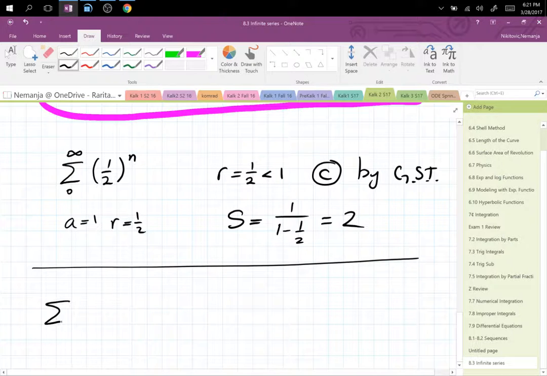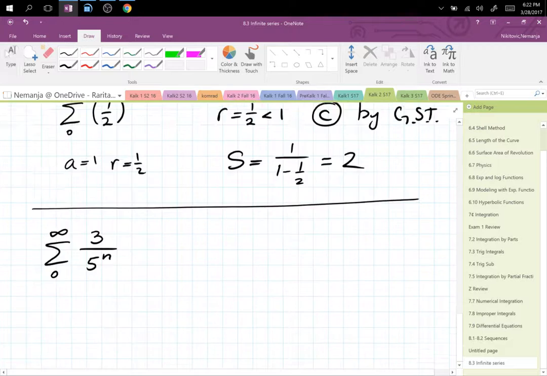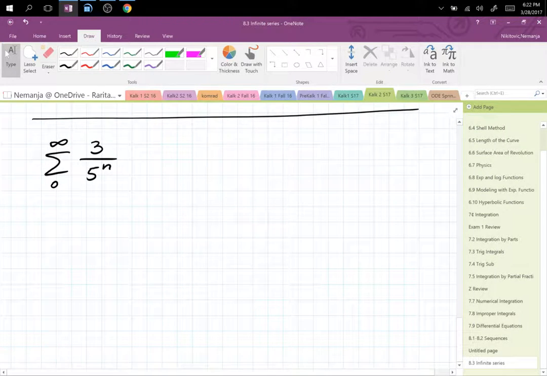The next question is, how do I know stuff in terms of a and r? So here's another one. Summation 0 to infinity of 3 over 5 to the n. That's the problem. You immediately understand that this 3 is something that you put here, and then you have your 1/5 to the n.